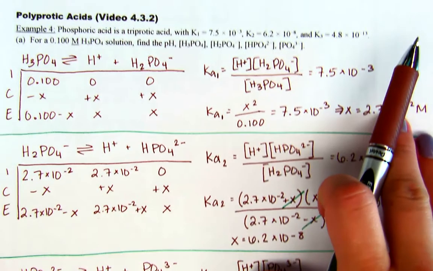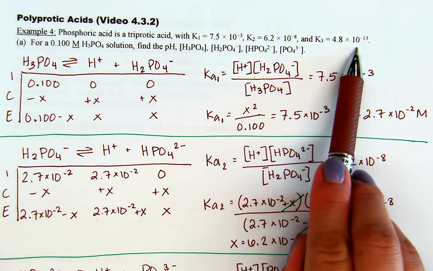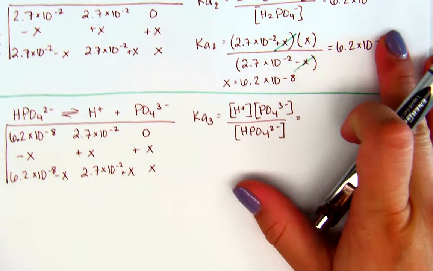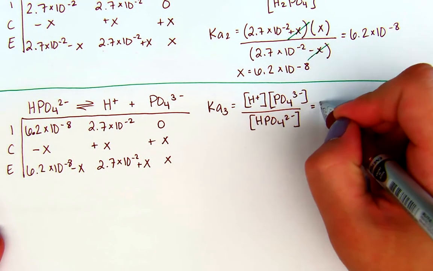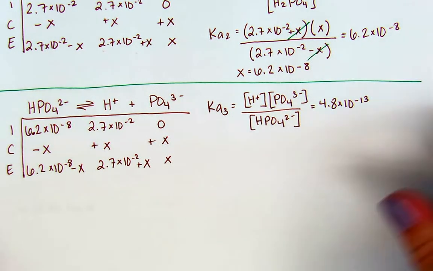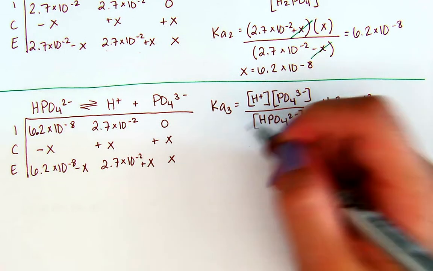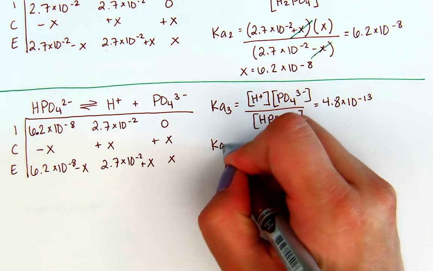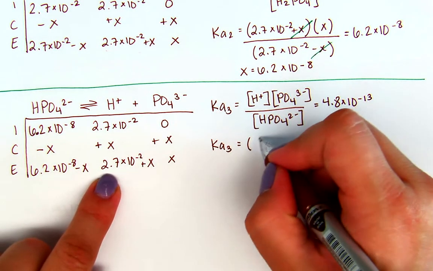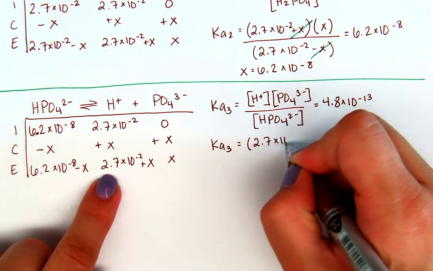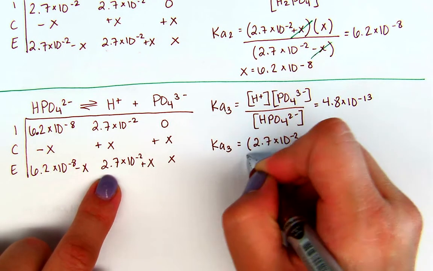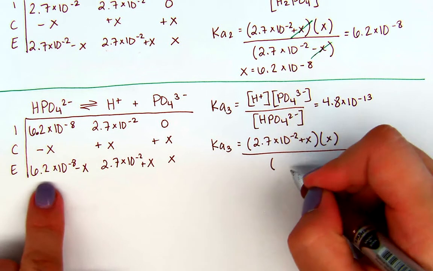So if we go back in our original problem, it lists our Ka3 as 4.8 times 10 to the negative 13. So that's equal to 4.8 times 10 to the negative 13. So again, I'm just going to plug everything in. The H plus, I'm going to ignore the X, because we're going to assume it's very small on both of these.